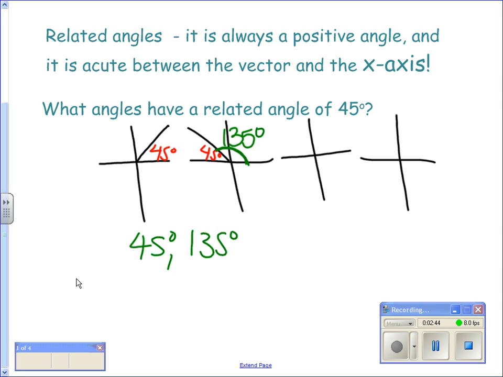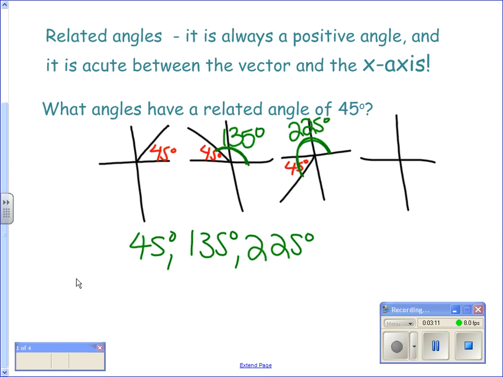We could also draw it in the third quadrant. What is this angle that I colored in green? 225, 45 plus 180. So 225 is also a related angle. Does that make sense?